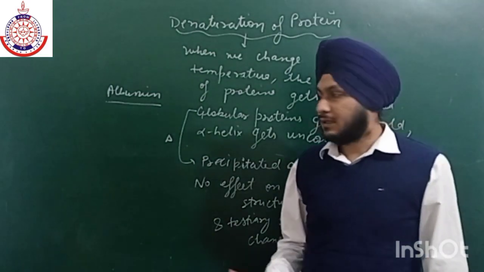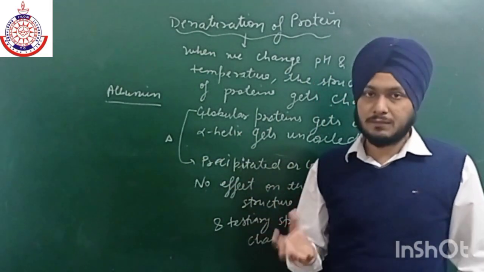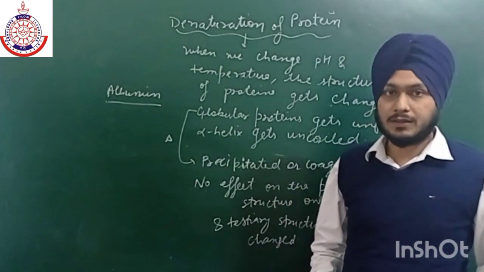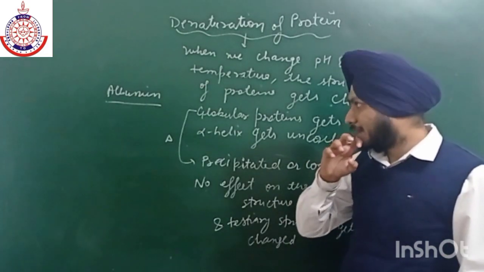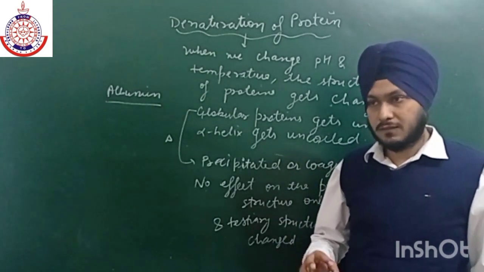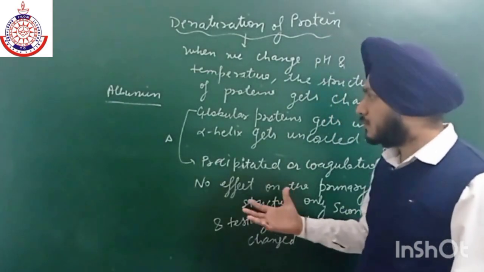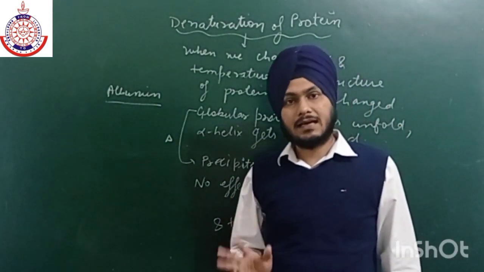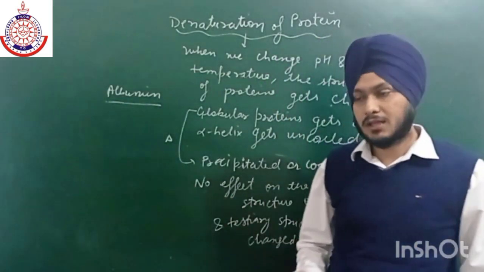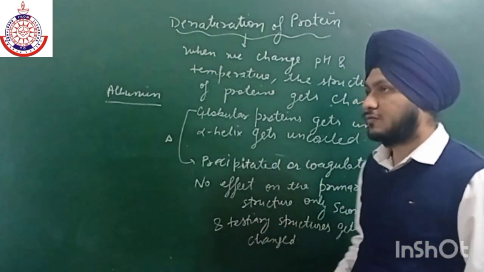The helix becomes coiled and the globular protein becomes folded again, and the beta pleated structure will also get the same shape. So there will be a change only in the secondary as well as tertiary structure. There is no change in the primary structure in denaturation of protein.